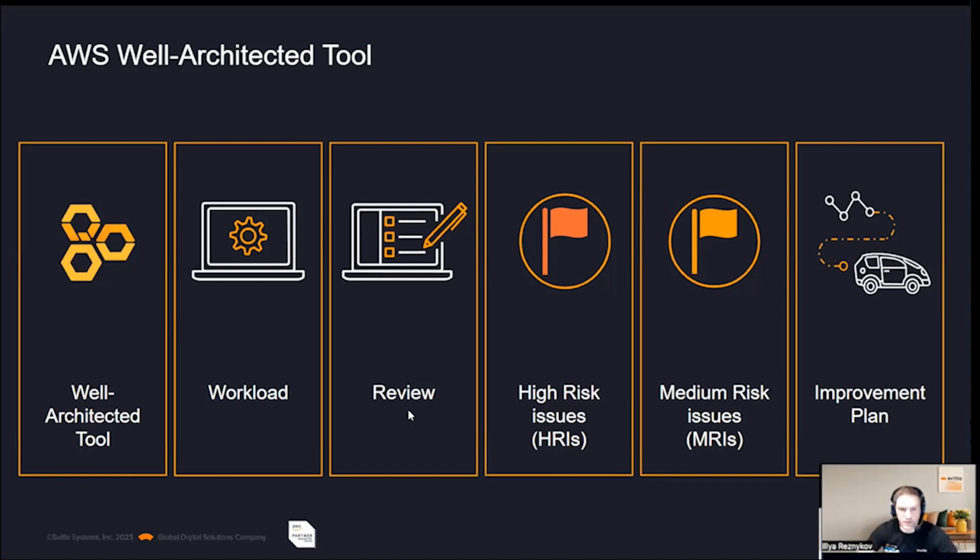So the purpose of reviewing architecture is to identify any critical issues that need to be addressed or areas that need to be improved. As an outcome of the review, we get a list of high-risk issues, which are operational or architectural decisions that AWS considers critical and that could negatively affect your business or customers.